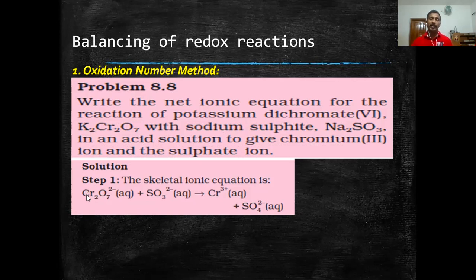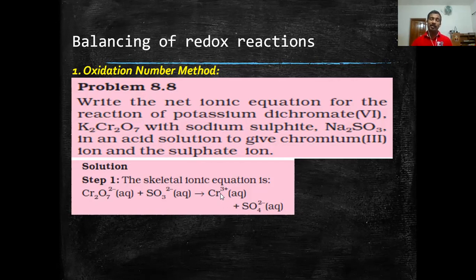There are 2 chromium atoms, so the oxidation state of 1 chromium is 12 by 2, equal to +6. In SO3 2-, 3 into -2 is -6. 2 negative charges remaining, that means -4 is neutralized by sulfur. Therefore, the oxidation state of sulfur is +4.